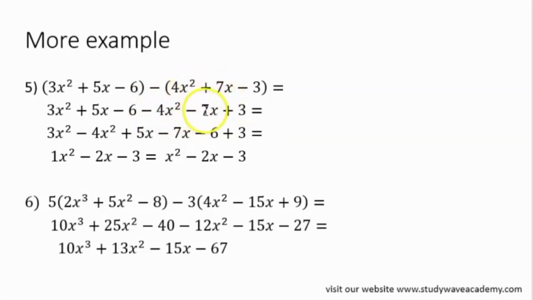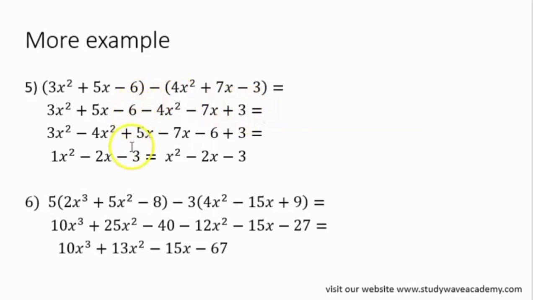Remember I said a negative sign times a positive sign is what? Minus. So minus 1 times plus 7 is minus 7x squared. And minus 1 times minus 3 is what? Plus 3. Do we understand?